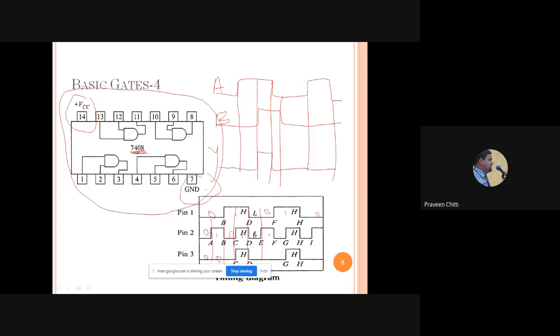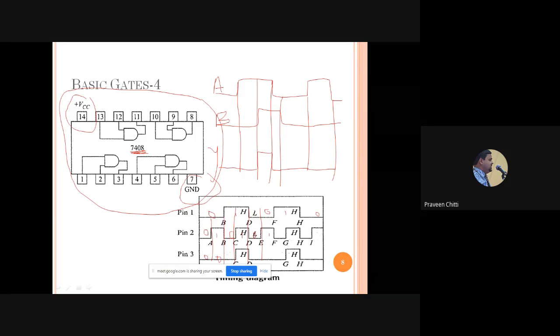4 AND gates. If you want to use any AND gate out of this IC, you can use pin numbers 1, 2, 3 for one gate, 4, 5, 6 for the second gate, 8, 9, 10 for the third gate, and 11, 12, 13 for the fourth gate. In the lower portion, 1 and 2 are inputs, 3 is output. Similarly, 4 and 5 are inputs, 6 is the output. In the upper portion, 8 is the output, 9 and 10 are inputs.